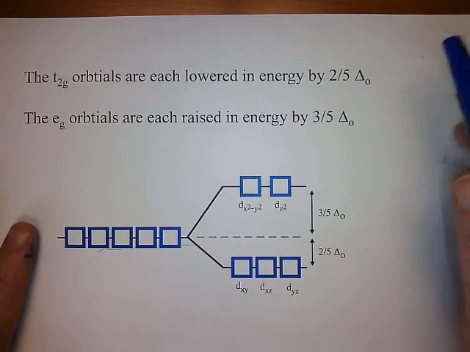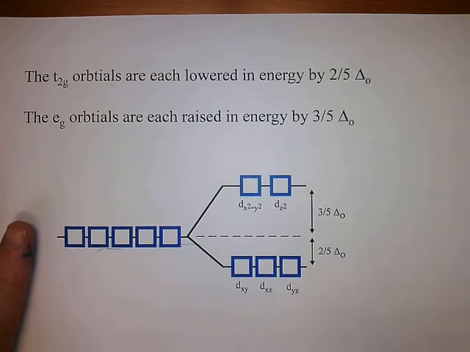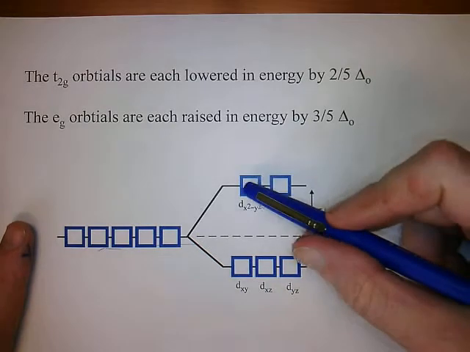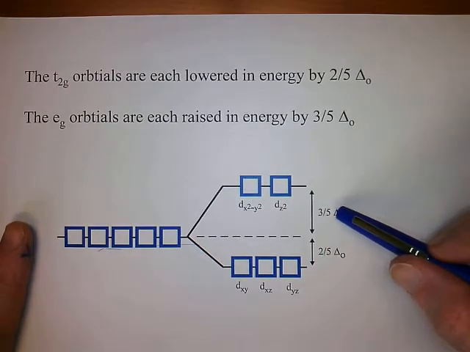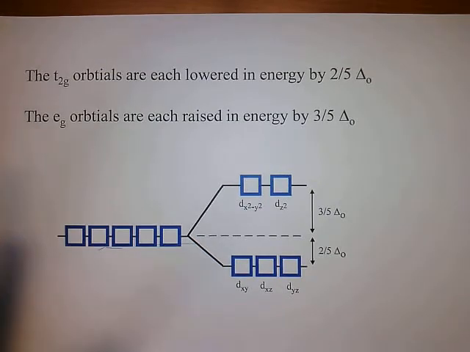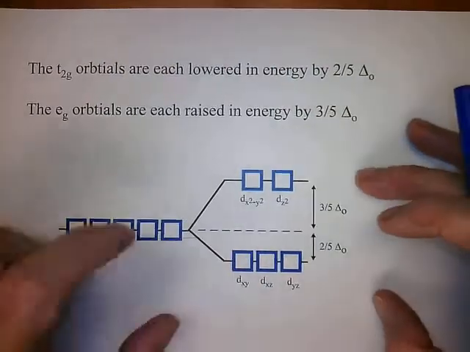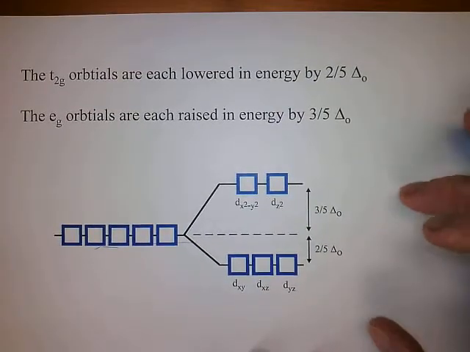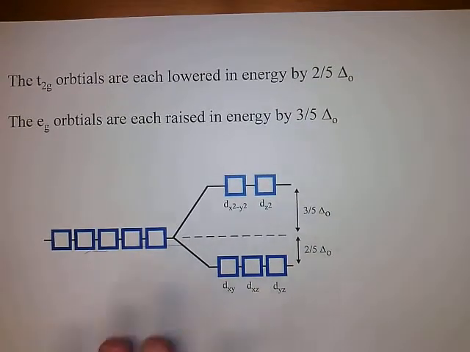Just think O for octahedral. So these are lowered by 2/5 the field splitting, and these are raised by 3/5 the field splitting. So the idea is this: we're splitting the energies of the d orbitals into 2 groups.